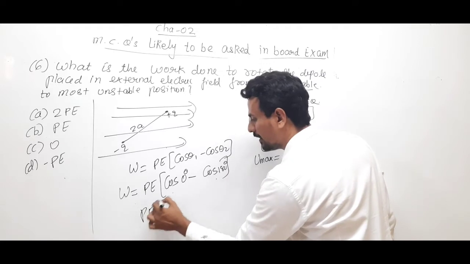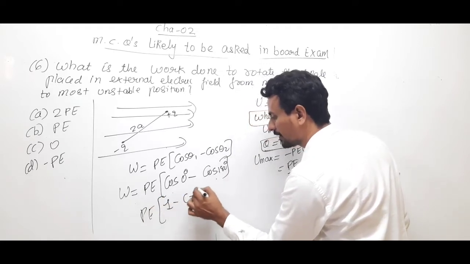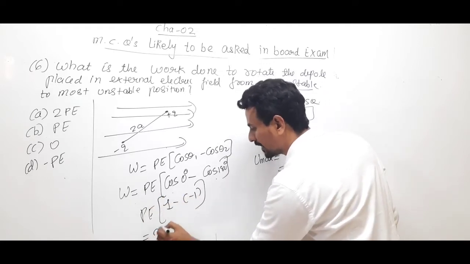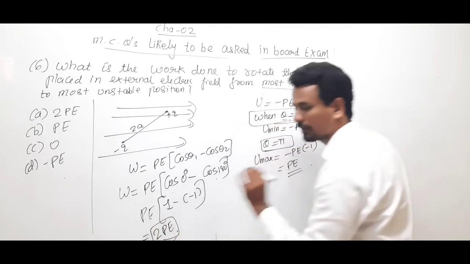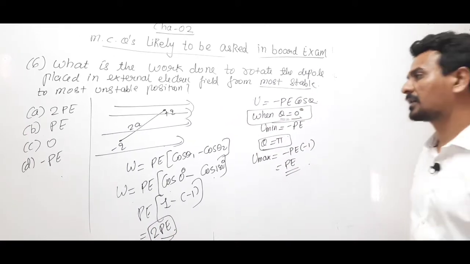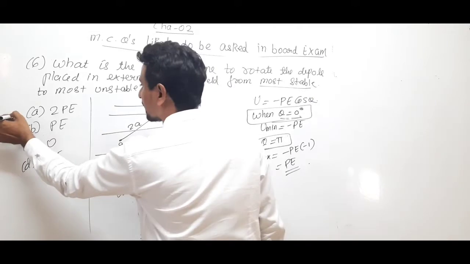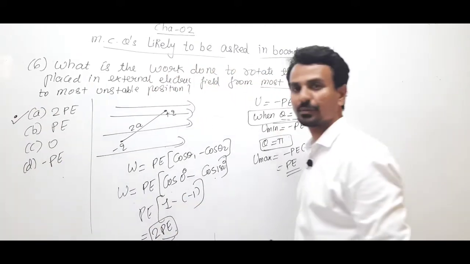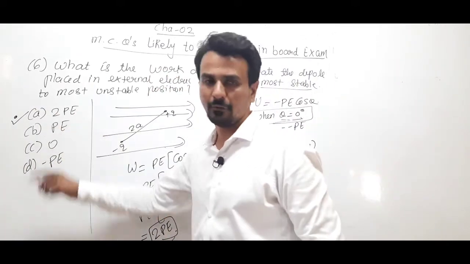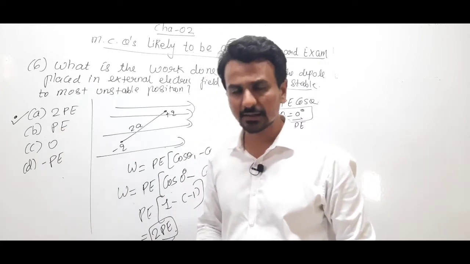So this is PE, 1 minus minus 1, that is 2 PE. Got it? Clear? So work required to be done to rotate the dipole from most stable to most unstable position is 2 times PE. Done? Clear? The next one.